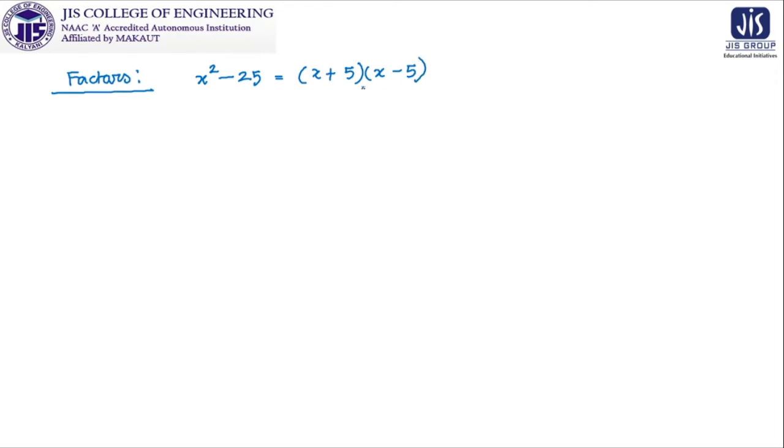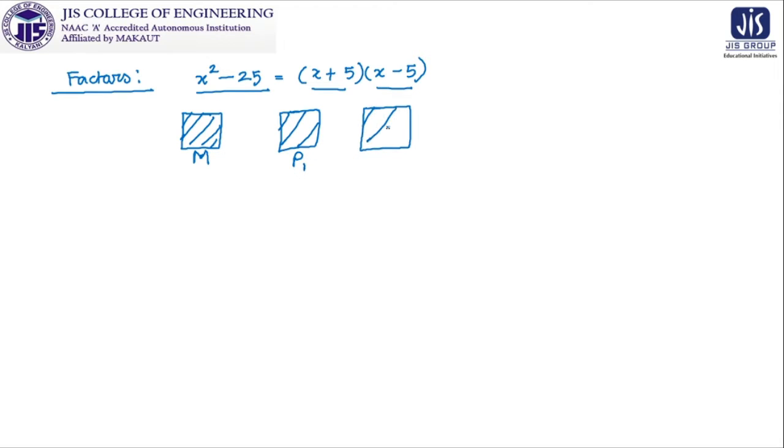That means we are factorizing it into two linear factors, where it is a quadratic expression. If we have one original thing and we are able to break it into two parts, part 1 and part 2, where their combination gives us this particular thing, then we can call them factors.